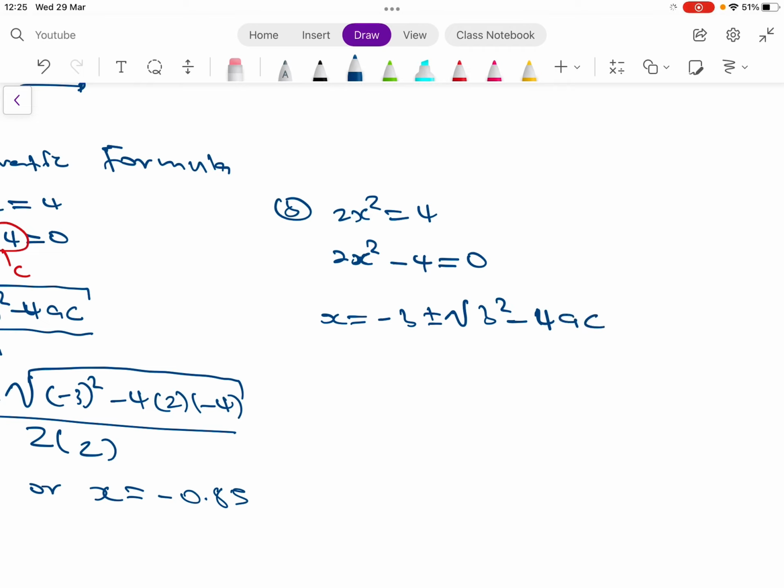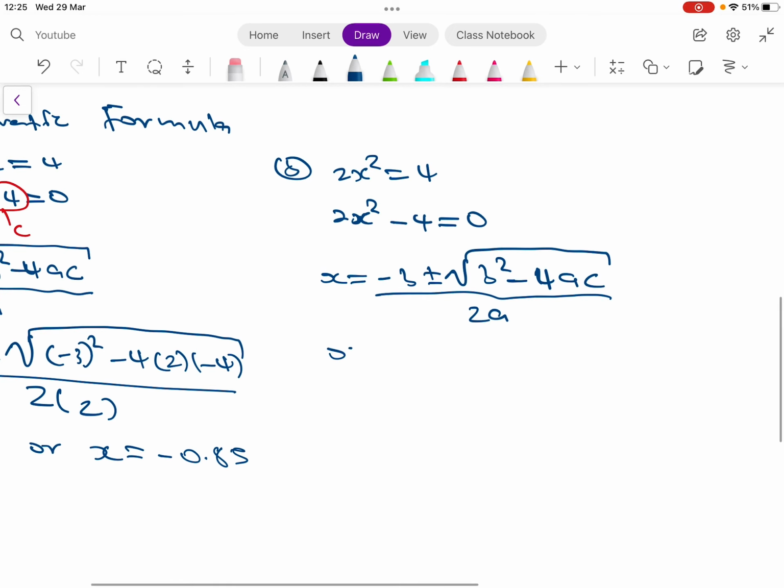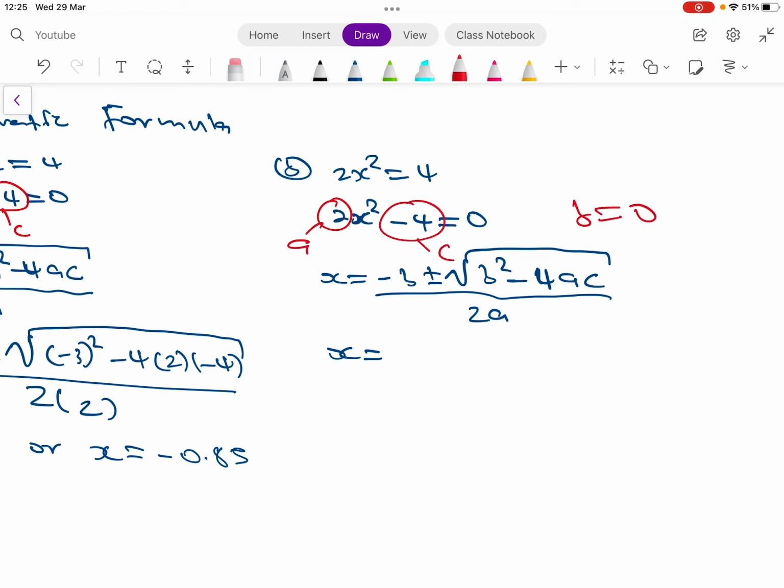Here we have the quadratic formula, and now we just need to substitute. You will see that this is your a, and this is the c. There's no b, that means b equals 0. Now we have 0 plus minus the square root of 0 squared minus 4. A is 2, c is negative 4.